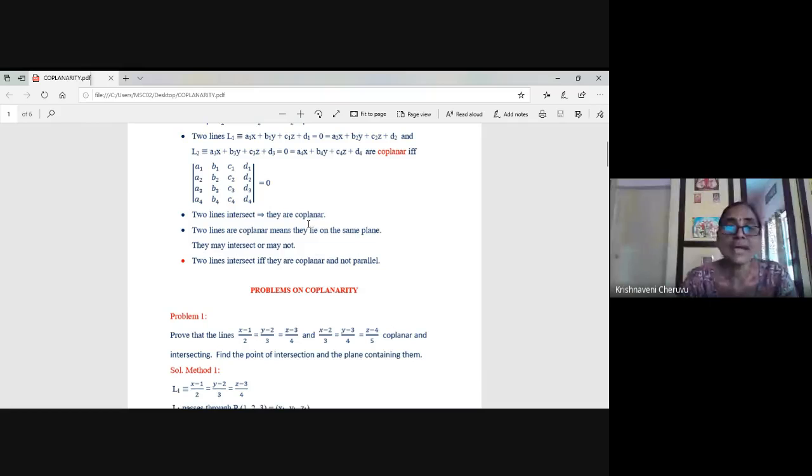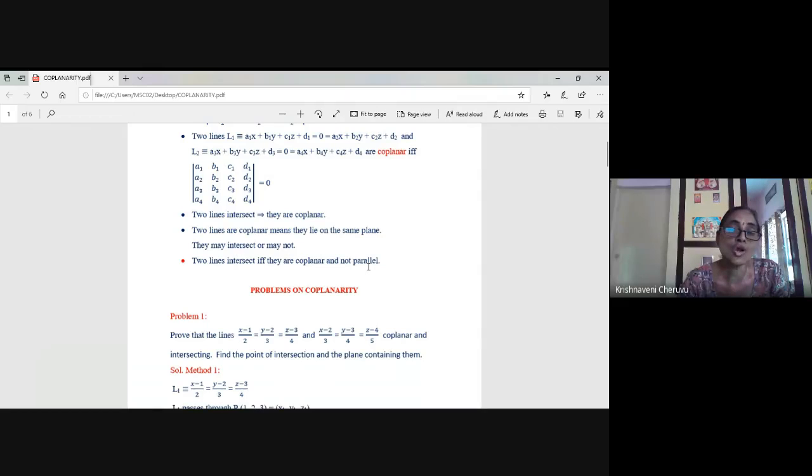When two lines are intersecting, you will say that they are coplanar, lying in the same plane. But if they are coplanar, they may intersect, they may not intersect. So finally, the condition for intersection is that two lines intersect if and only if they are coplanar and they are not parallel.